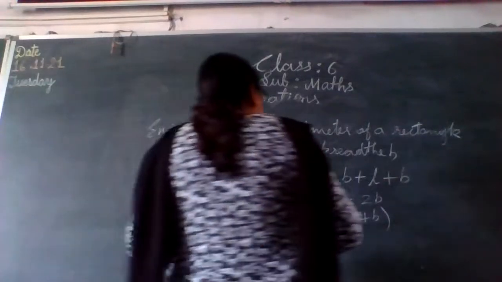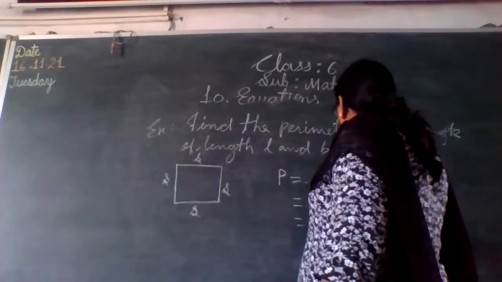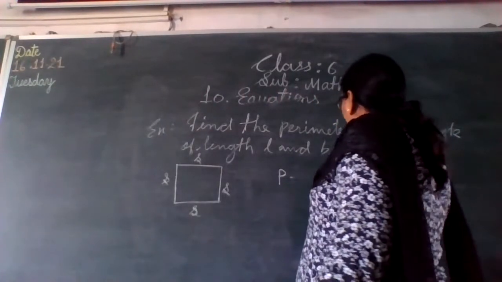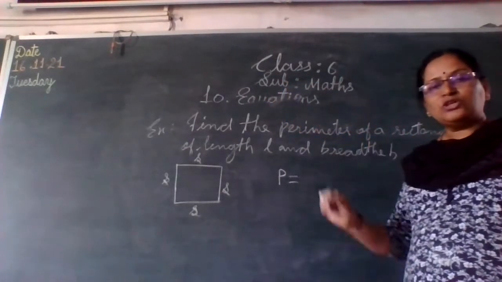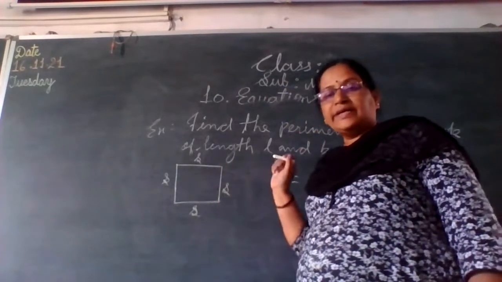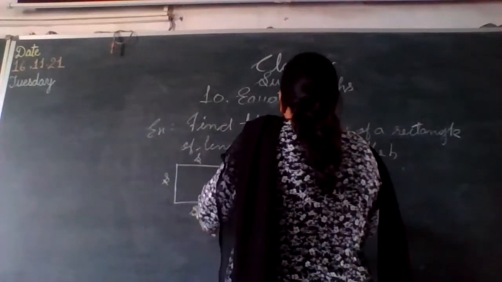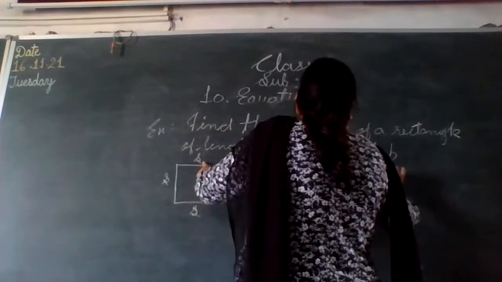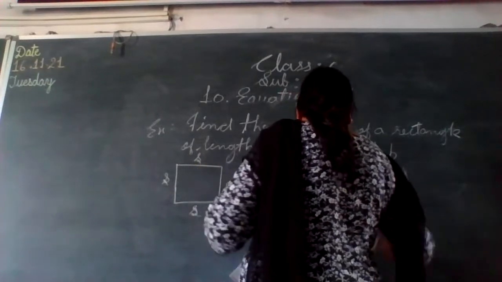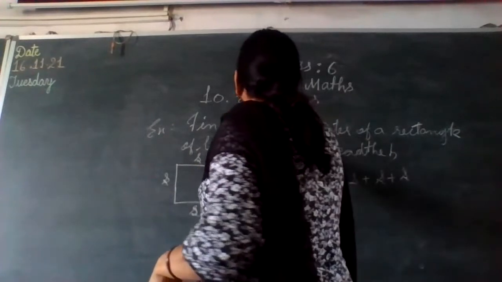Now the perimeter changes because it is a square, hence all its sides are the same. So you have to add all its sides: S plus S plus S plus S.